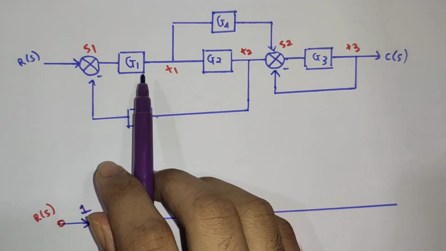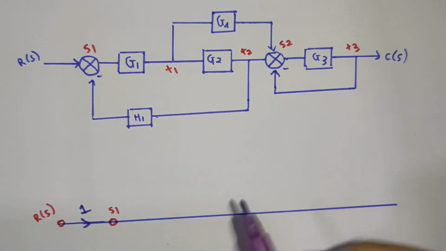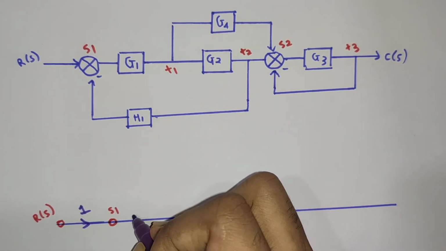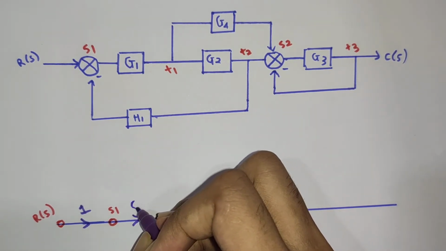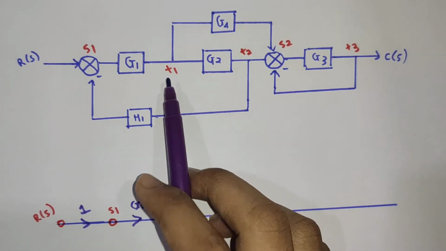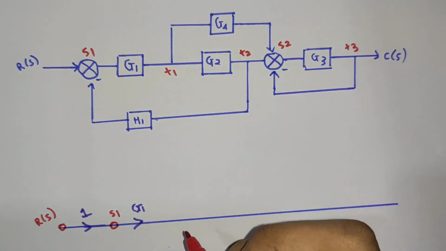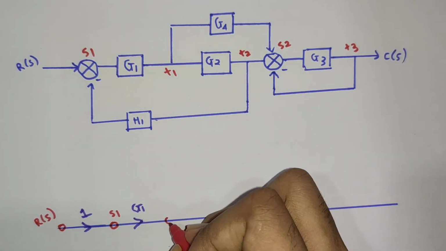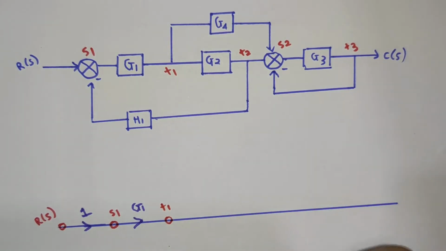Here's G1, so the gain is given, so the gain will give the direction and it will be denoted like this, and this will be written as G1. Now the takeoff points and the summing points are to be denoted by nodes, as I have told you. So this T1 will be denoted by a node, and I'm going to write T1 here.